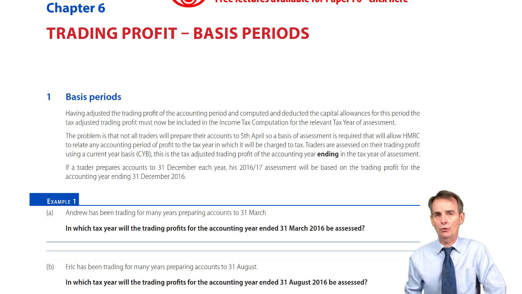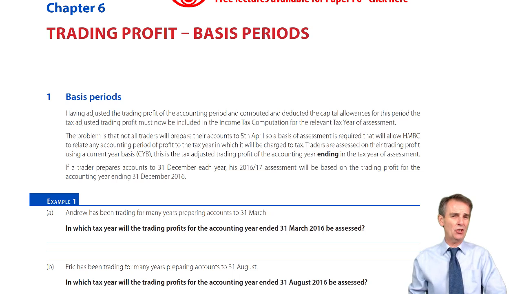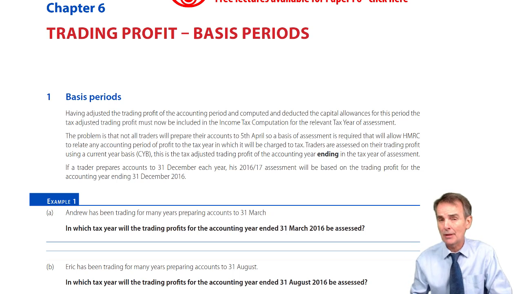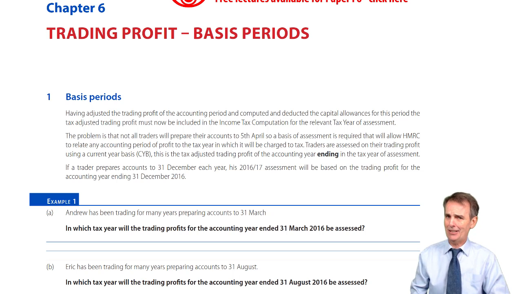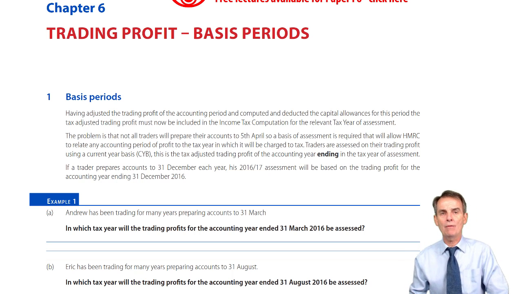And it gives rise to the tax adjusted trading profit. Well, let's hope it's a profit. In our next chapter, chapter 7, we'll see what would happen in the way of loss reliefs if sadly it's a tax adjusted trading loss. But for the moment, if it's a tax adjusted trading profit, how do we relate that accounting period for which the profit has been derived to the tax year?